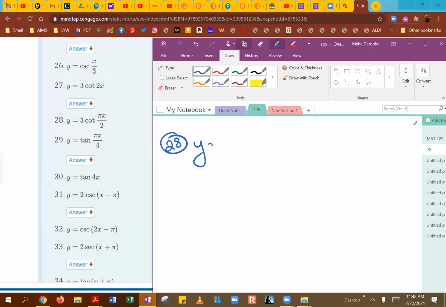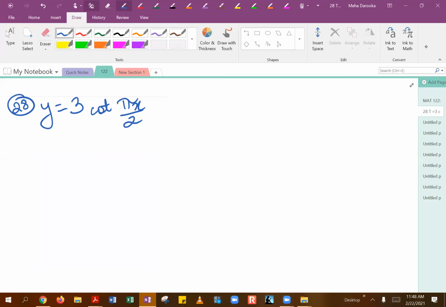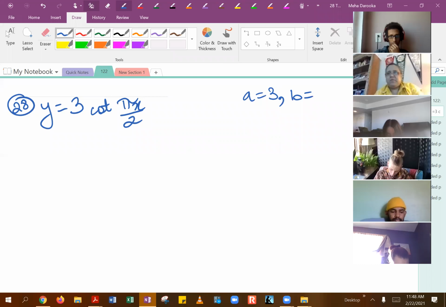Okay, so we have y equals 3 times cotangent of pi times x over 2. So here again, if you had to identify your a value, that's going to be positive 3, the number in front. Can you tell me what our b value is going to be for this function?